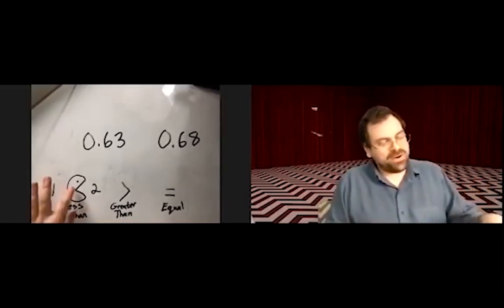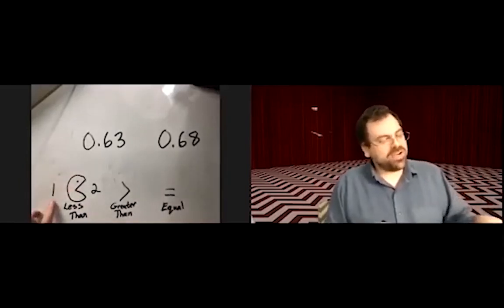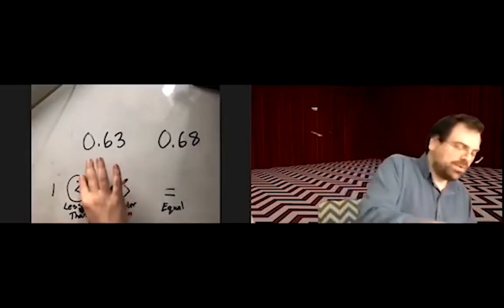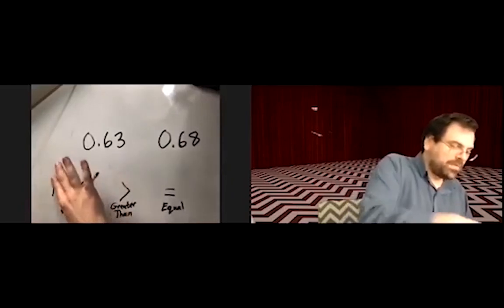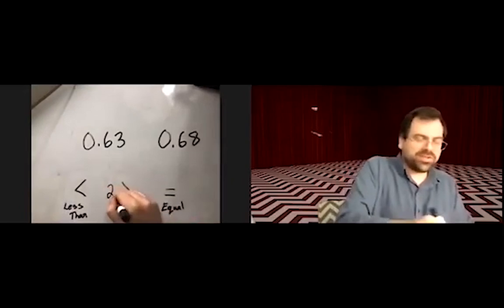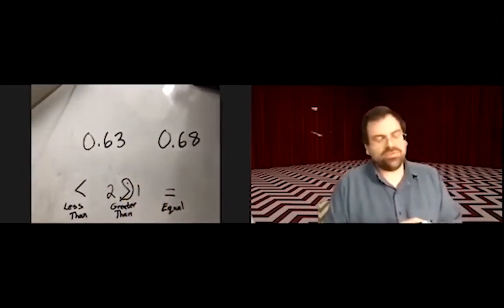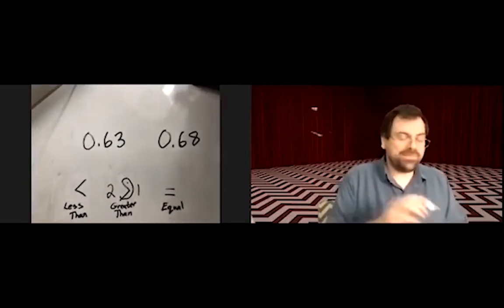So you can remember Pac-Man always chooses to eat the larger number. So 1 is less than 2. This way, the greater than symbol, 2 is greater than 1. How do we know? Because Pac-Man would choose to eat the 2 every time. 2 is greater than 1.